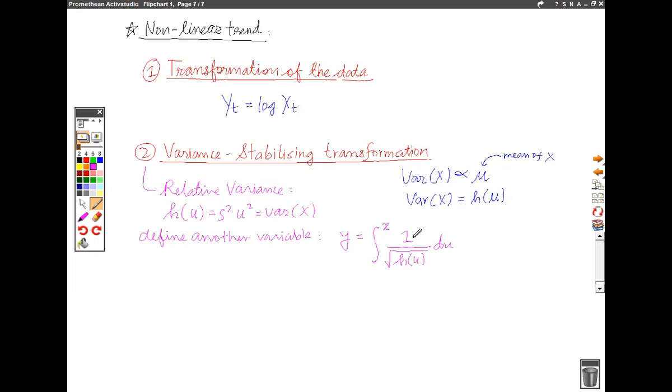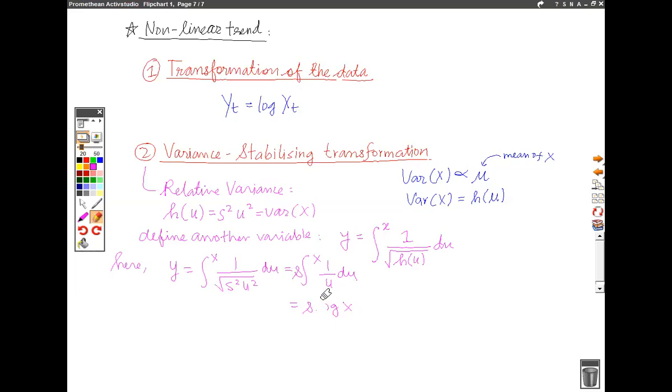So if I have s square u square here, what will I have for y? Here my y will be the integration over x of 1 upon square root of s square u square du, which will be what? Integration over x, s can be taken out, 1 upon u du, which will be what? s times log of x, right?